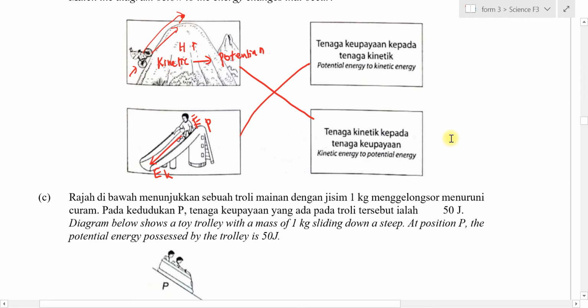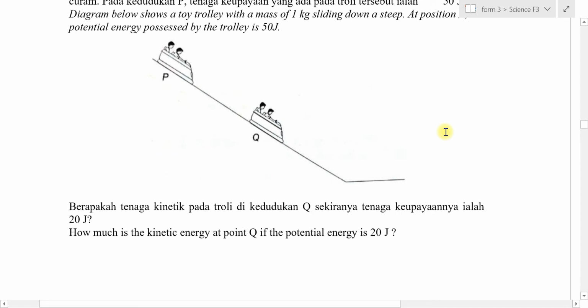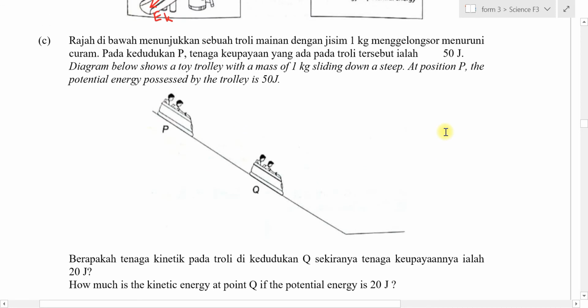Okay. Next question. Diagram below shows a toy trolley with a mass of 1 kg sliding down a slope. Okay. At position P, the potential energy possessed was 50 joule. Okay. At position P, he said 50 joule. What is it?